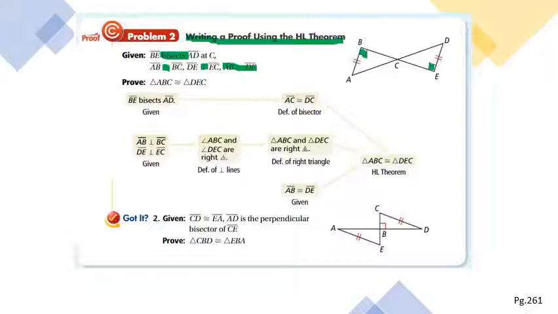From the word bisects, you can understand that BE bisects AD in which point? In C. Is it right? This point. So BE bisects AD at this point.